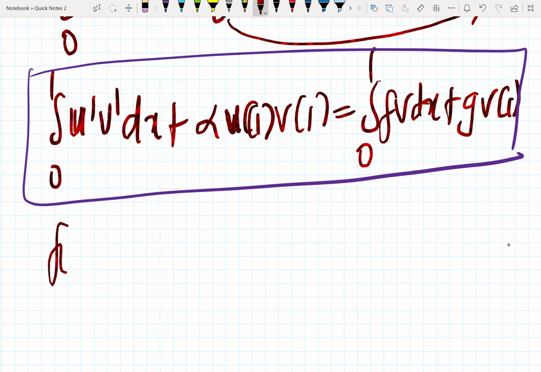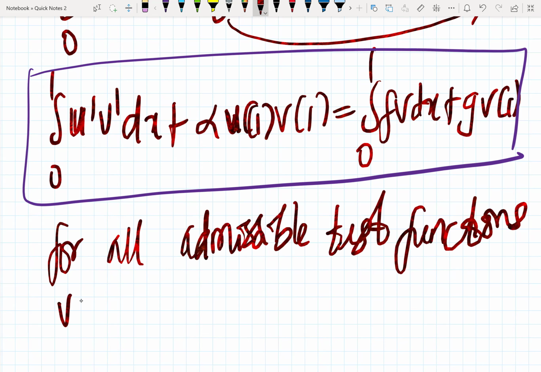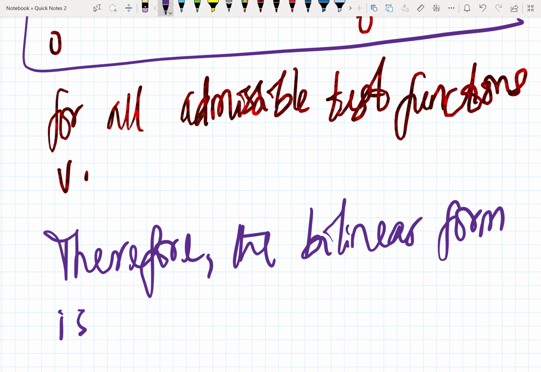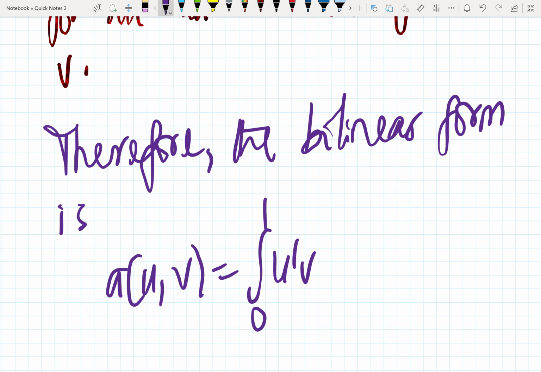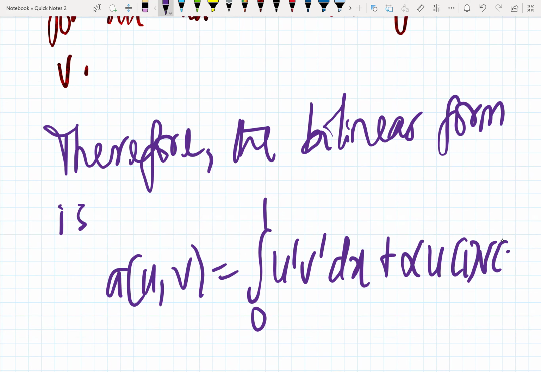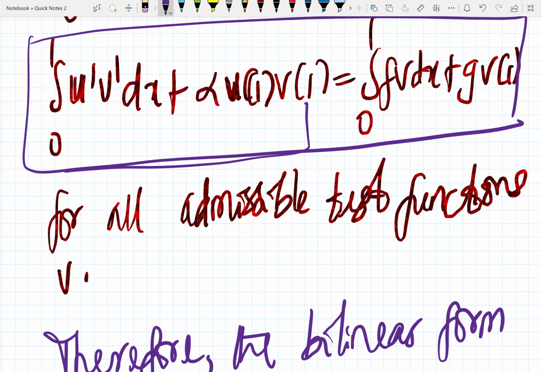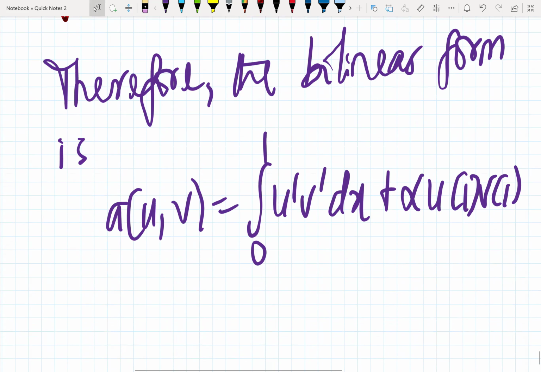Therefore, the bilinear form a of u comma v is equal to the integral from 0 to 1 of u prime v prime dx plus alpha u of 1 v of 1, as you can see on this side here.